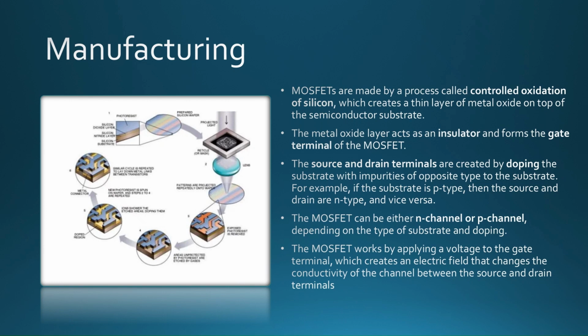For example, if the substrate is p-type, then the source and drain are n-type, and vice versa. The MOSFET can be either n-channel or p-channel, depending on the type of substrate and doping. The MOSFET works by applying a voltage to the gate terminal, which creates an electric field that changes the conductivity of the channel between the source and drain terminals.